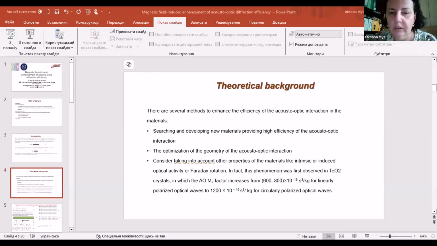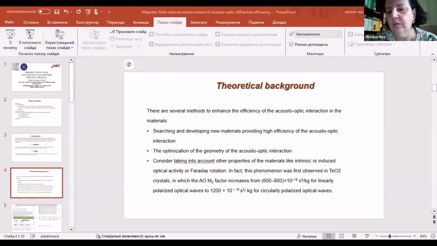There are several methods to enhance the efficiency of acousto-optic interaction. It can be by searching for or developing new materials, or by optimization of the geometry of acousto-optic interaction, when we search for the most effective directions of propagation of optical light and acoustic waves.